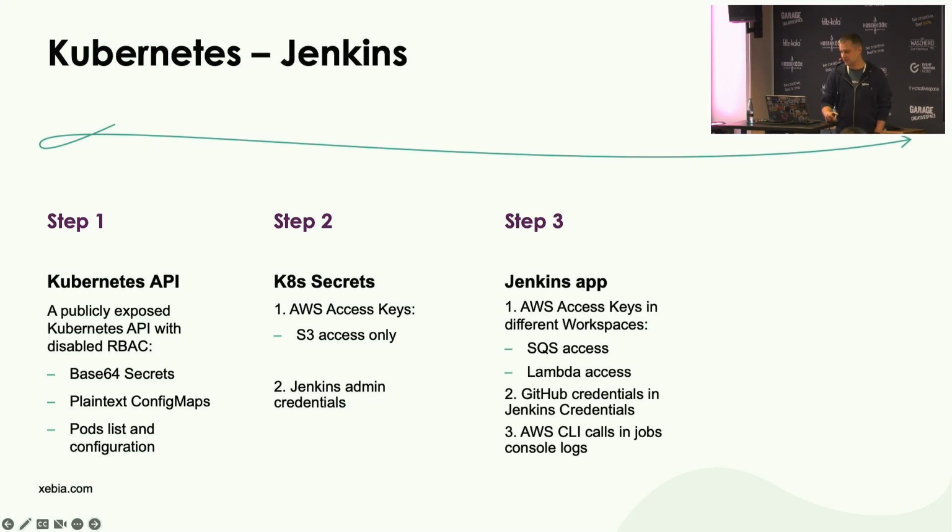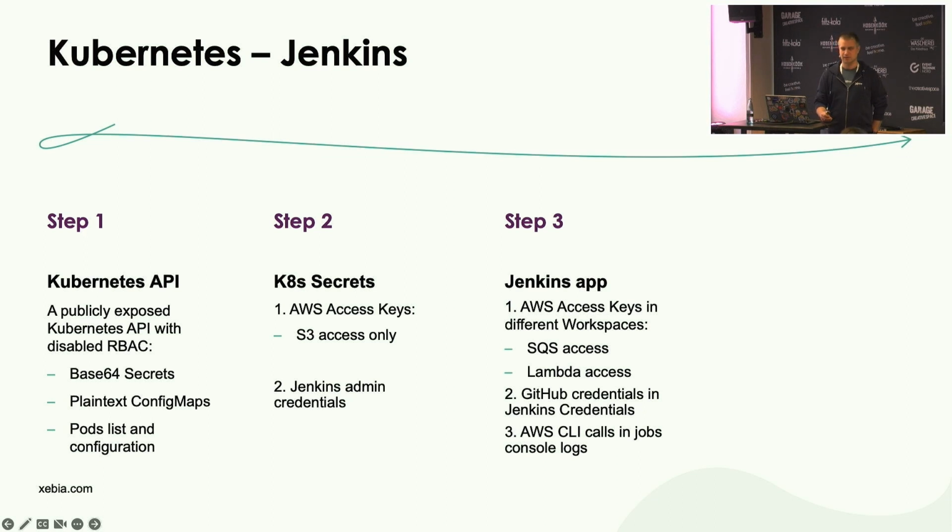And when I access Jenkins, if you know how to use it, you can extract every single credential stored in Jenkins, because with access to the Jenkins console, you can decode everything from credentials. There were GitHub login passwords. There were some access keys for different parts of AWS, like Lambda only or SQS only. Still not enough.